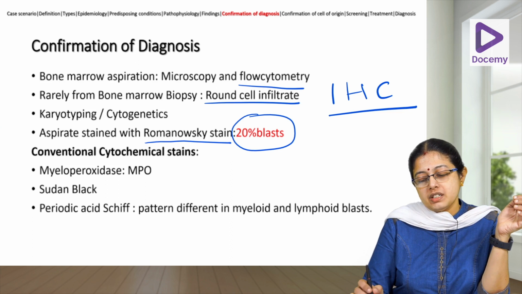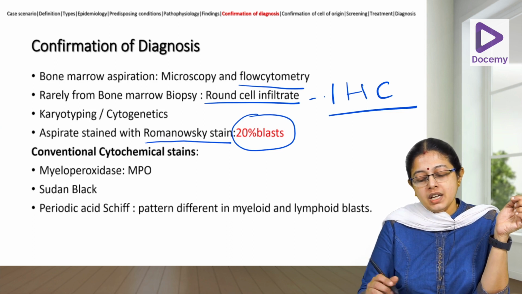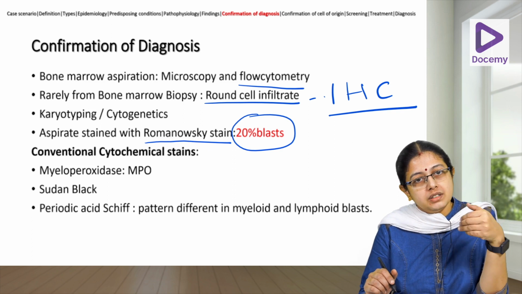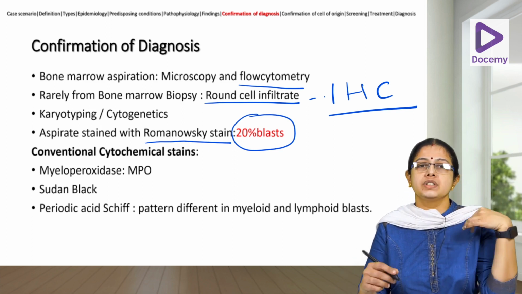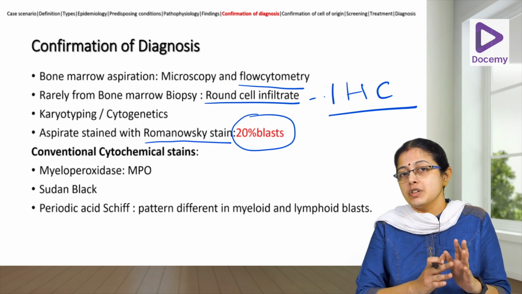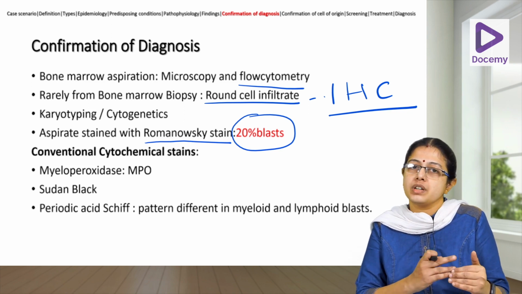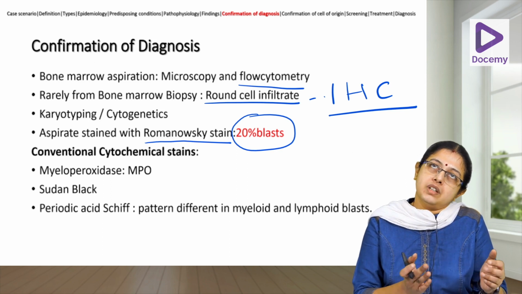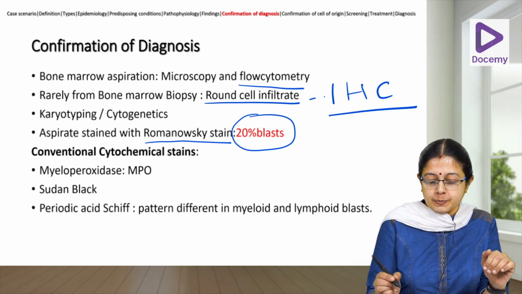Immunohistochemistry will be able to identify which kind of cell is causing the round cell infiltrate. So rarely, the diagnosis of leukemia may have to be done through the biopsy, but most of the time, either the peripheral blood will show 20% blast, or the bone marrow aspirate itself will be able to confirm the diagnosis of leukemia.